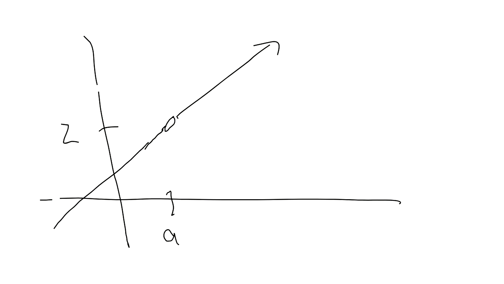Let's look at a graph that has a hole in it. There's our hole. This is my height L, and this is a. In this case, it's a line, f of x, with a hole in it right here.